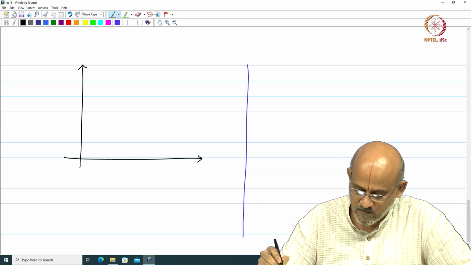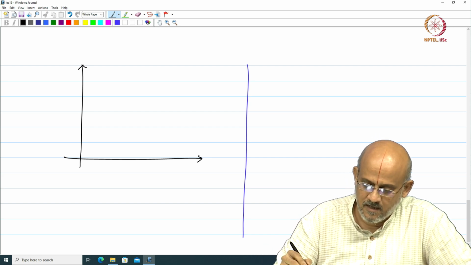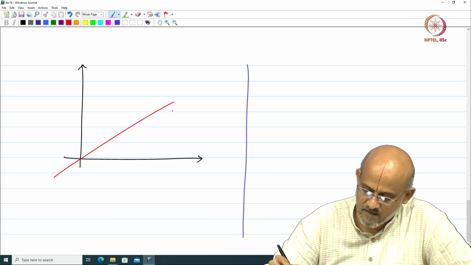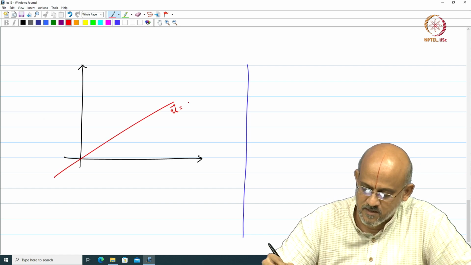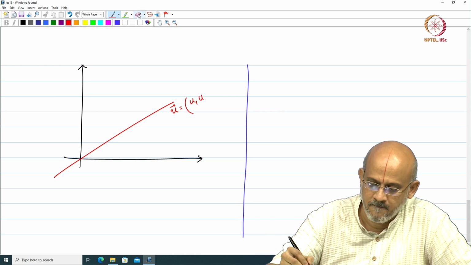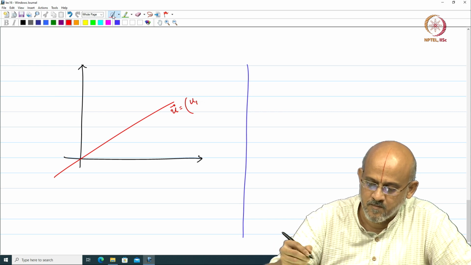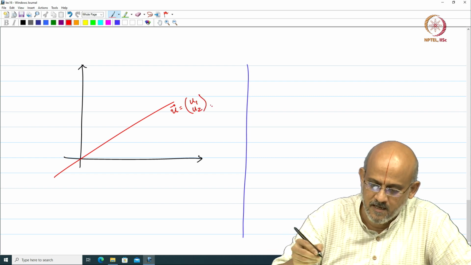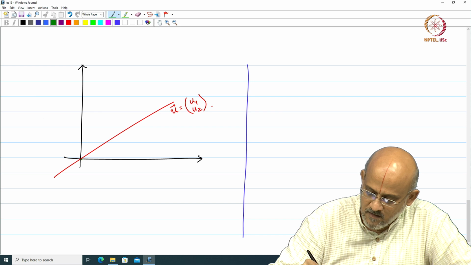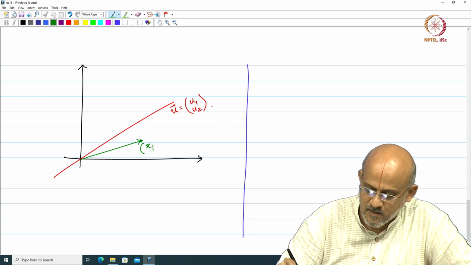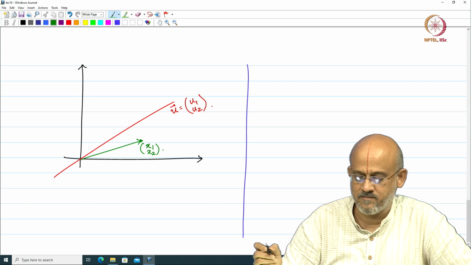Let us assume that this is the vector u, which is u1 u2, and let us look at this vector, which is x1 x2, right.